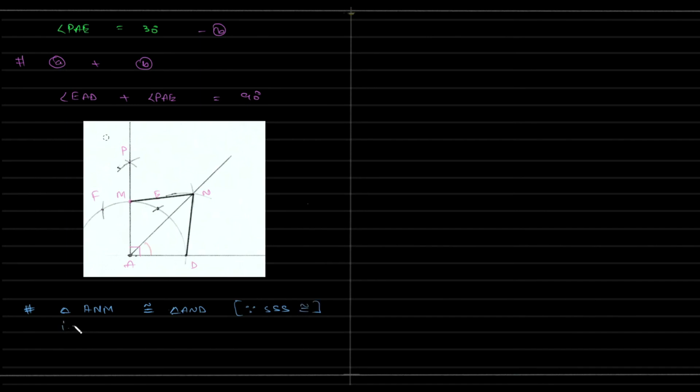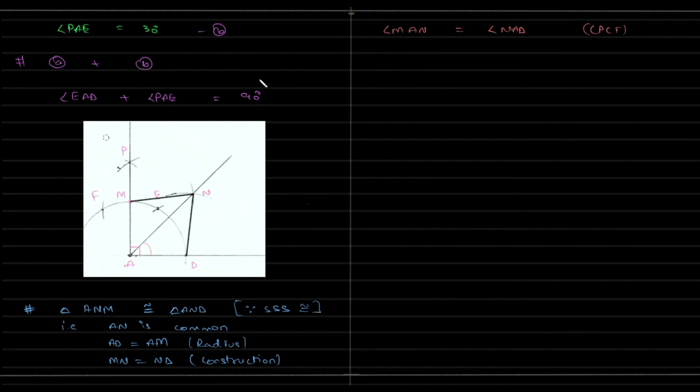So that is, AN is common, then AD is equal to AM because of radius, and MN is equal to ND because of construction. We have constructed it that way. So we have angle MAN, which is equal to angle NAD by CPCT.